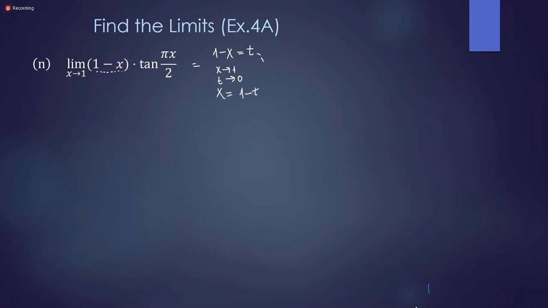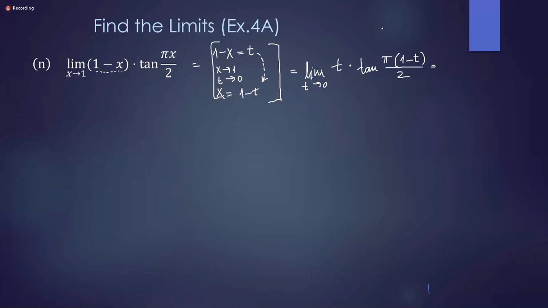Limit when t tends to 0, t times, right, 1 minus x is t, times tangent of pi times, instead of x, we have 1 minus t, all of that divided by 2. Now we have to see what is next. We see this is still a limit, t tends to 0, t times tangent of something.